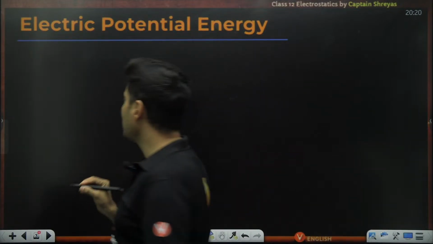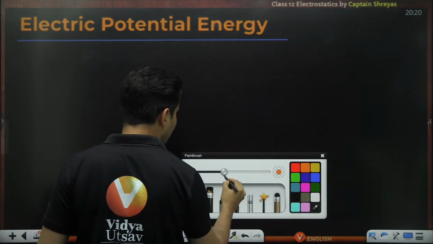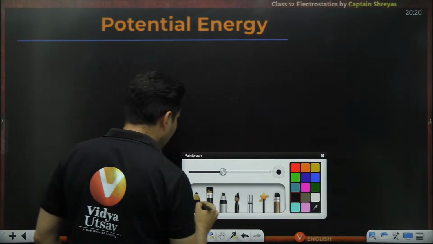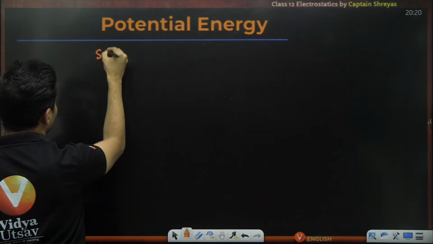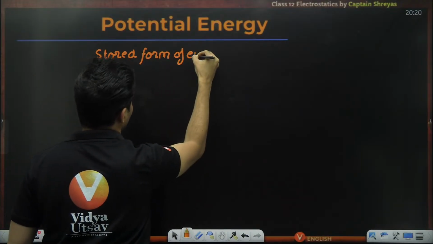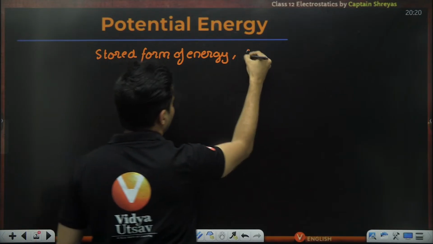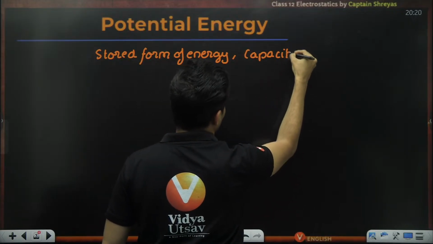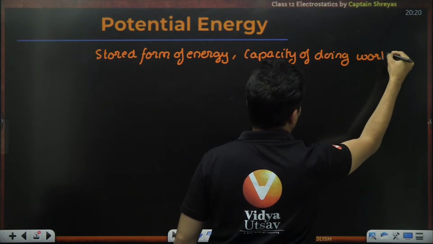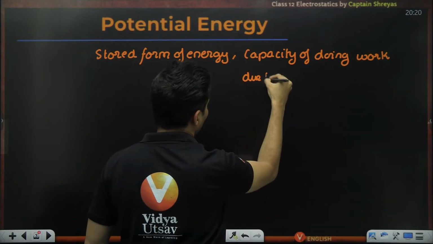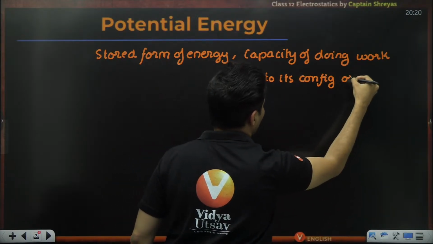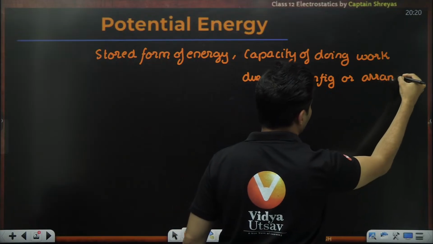It is a stored form of energy, and it has the capacity of doing work due to its configuration or how it has been arranged, like a compressed spring.